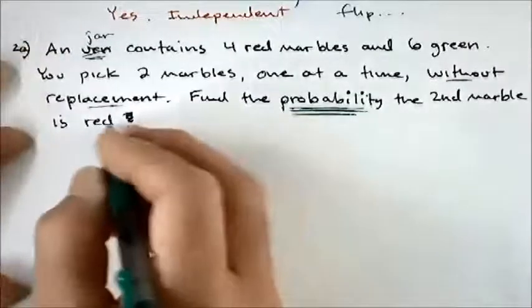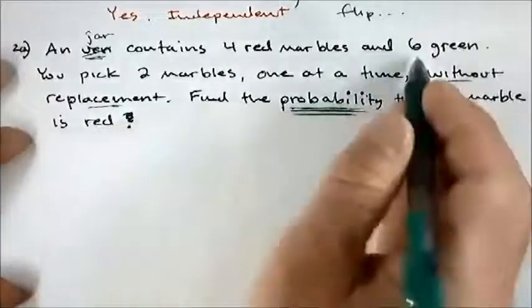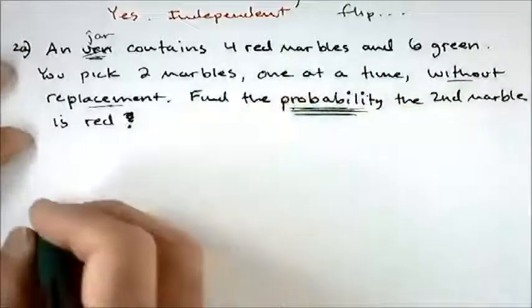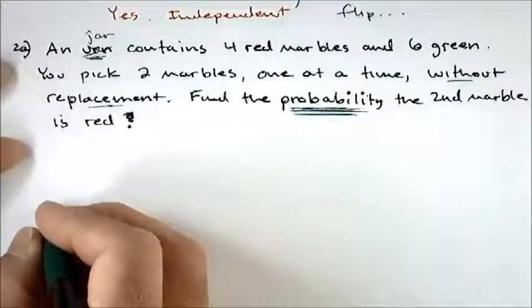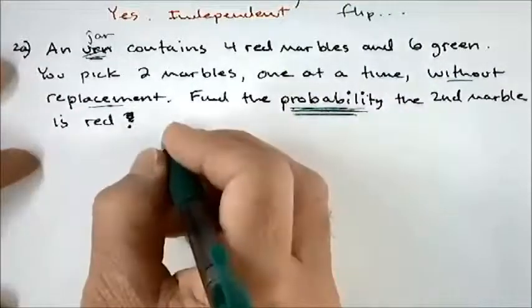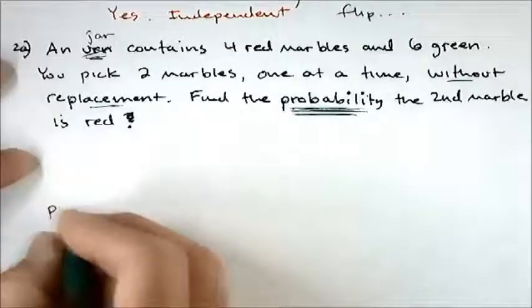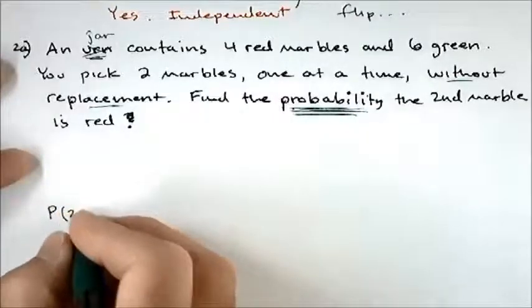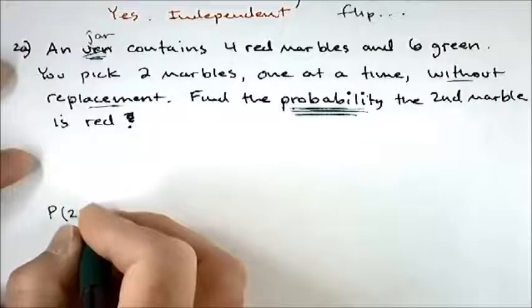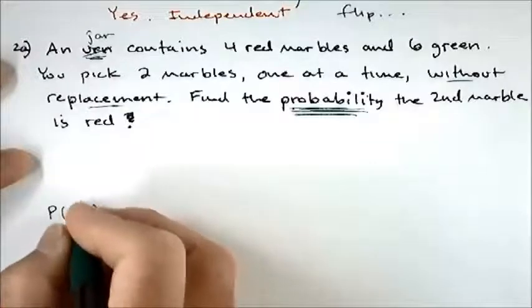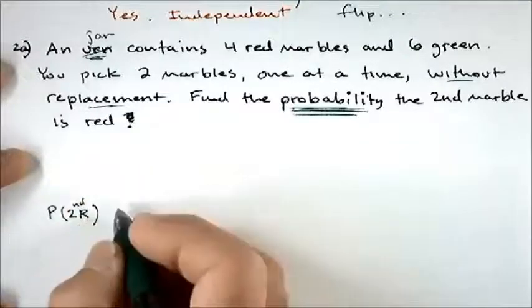So maybe instead of A and B, I could just use R and G for red and green. Well, here's what I'll do. Probability that the second marble is red. I better put second, or that's going to look like 2 red marbles.